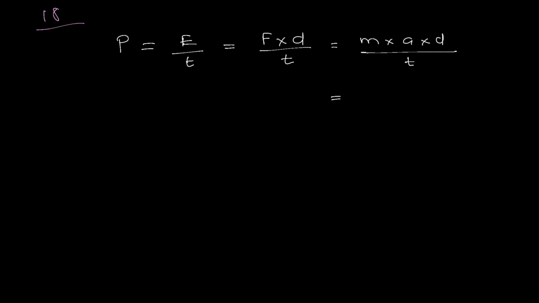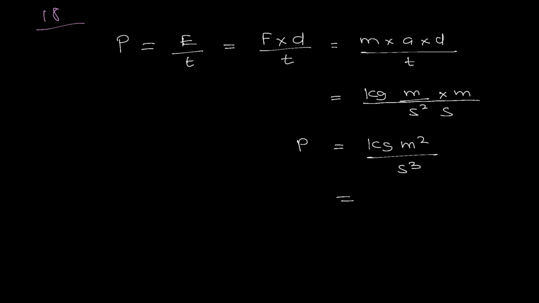The unit for mass is kilogram, unit for acceleration is meter over second squared, and the unit for distance is meter as well, and then unit for t is seconds. Therefore, unit for power will be kilogram meter squared over second cube, which can be written as kilogram meter squared per second cube. And the answer to that one is C.